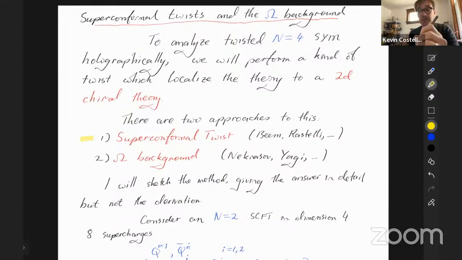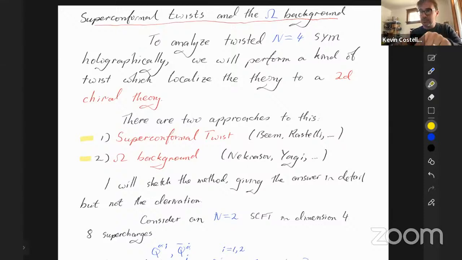And the second approach, which gives you the same answer, is to use a version of Nekrasov's omega background construction. I'm going to spend a bit more time on this one. Nekrasov did a still version of this. This particular omega background construction is due to Gaiotto, Oh, and Jeong-Yagi.